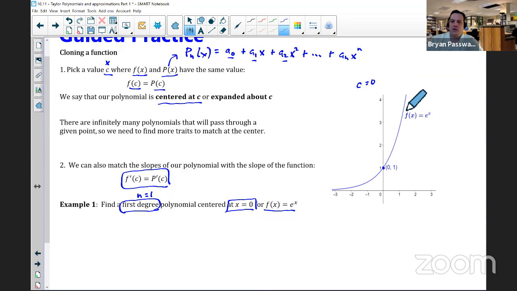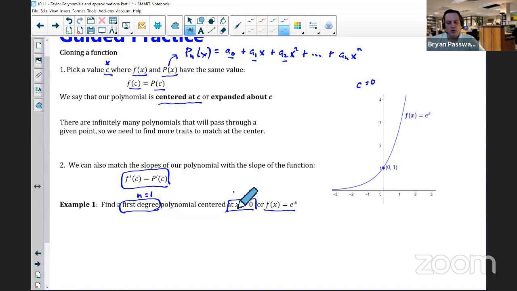I can't match up the original graph with my polynomial unless I know the actual point and the slope on the original graph. So it wouldn't make sense to make the center 0.1, for example, for e, because I don't know what e to the 0.1 is. I don't even know what the point is on the graph. If I don't know that point, I can't match it up, right? So we have to pick a point that we know, and the problem will tell you what center to use.